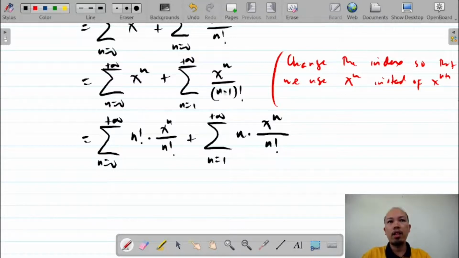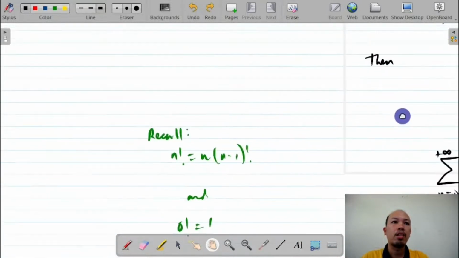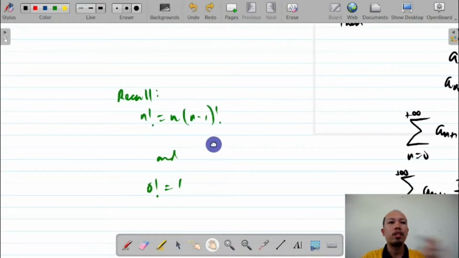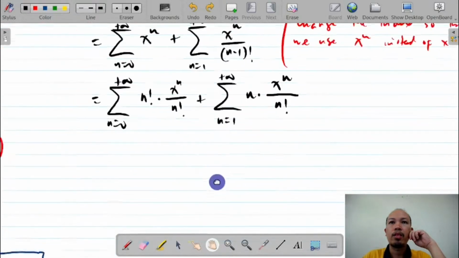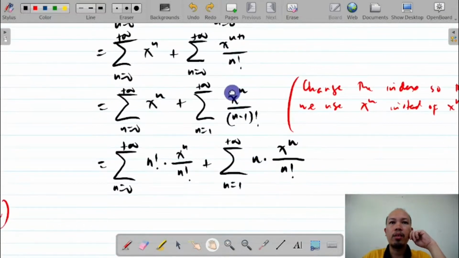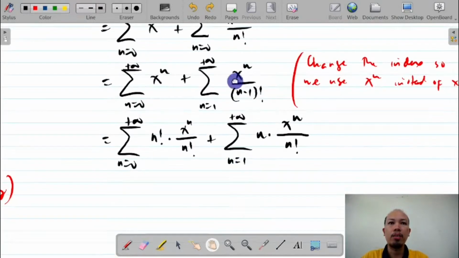They are just the same since we can replace n factorial by n times n minus 1 factorial. So it cancels out, and it will be the same as in the previous x term here.